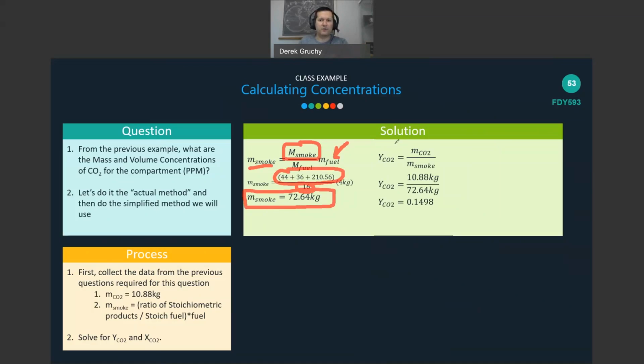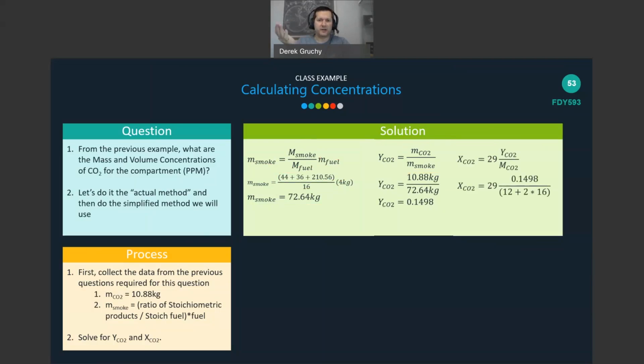Okay? And then we said for the mass concentration, it's just the mass of carbon dioxide that we actually calculated. So that's our 10.88. And then we're dividing it by the mass of smoke that we just calculated. And so we do that calculation, and we end up with 0.498. And then the last step is to multiply that by the molar mass of air divided by the molar mass of the actual species.